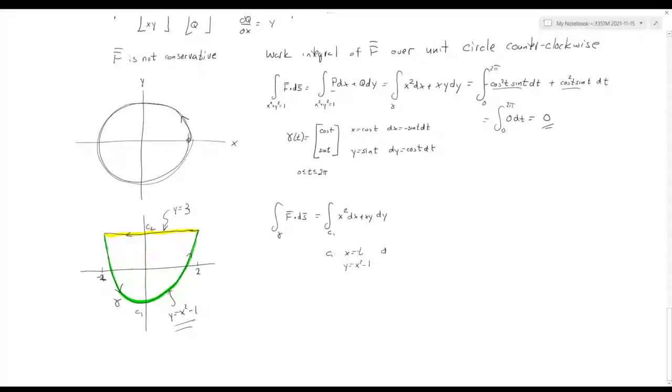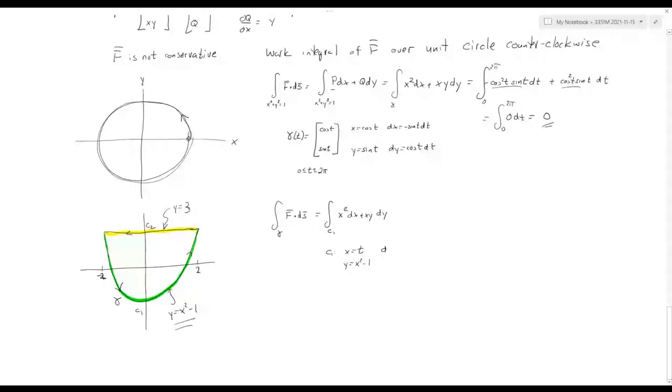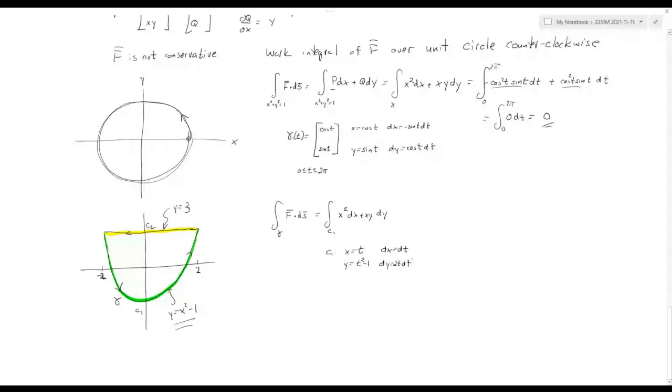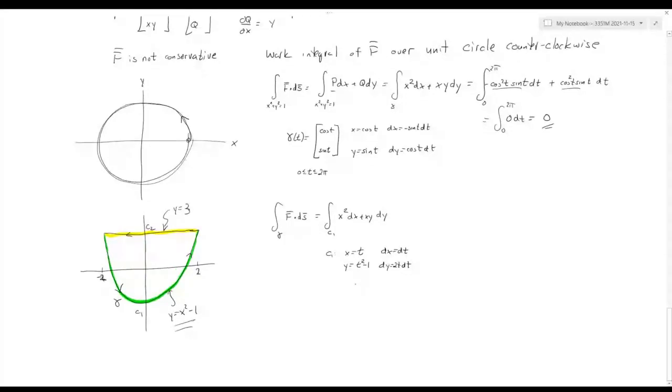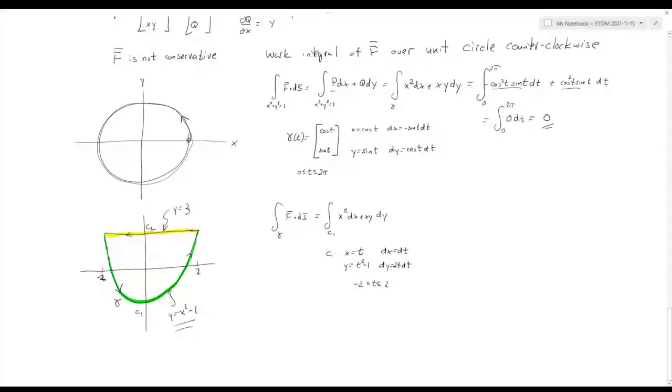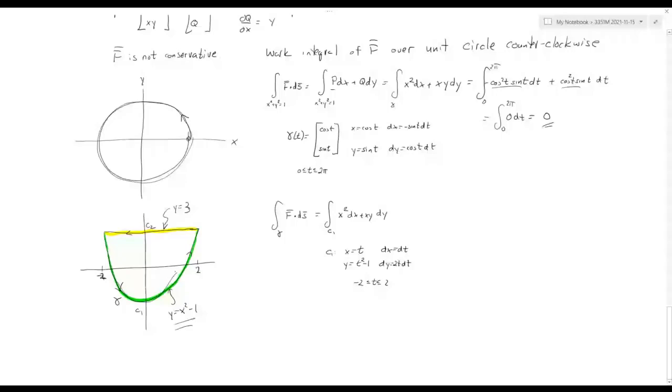Then y would be x squared minus 1, dx is just dt, dy is 2t dt. The parameter space here is t goes from negative 2 to positive 2. And be careful of the orientation, right? We're going from left to right. So indeed, t can start at negative 2.